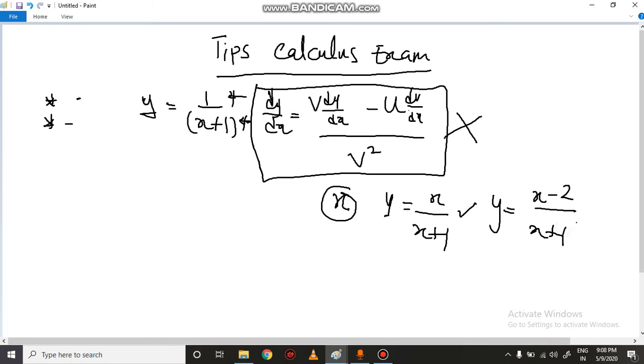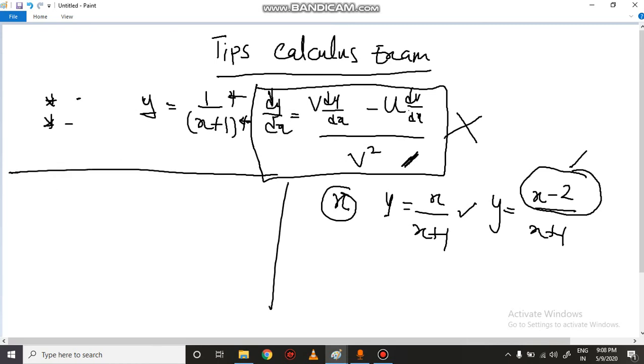If it had an x at the numerator, then it might qualify to use the quotient rule. But since it doesn't, the function requires another rule called the chain rule.